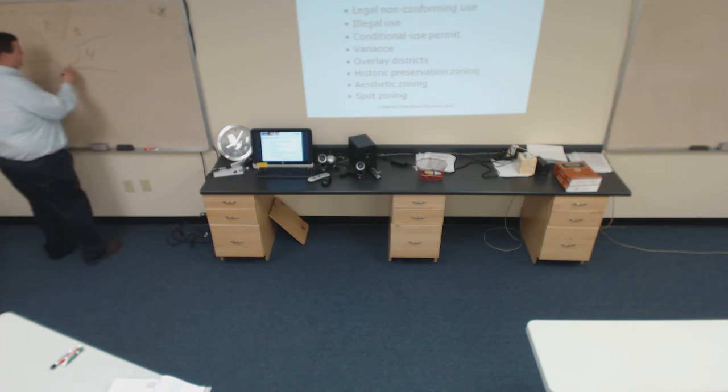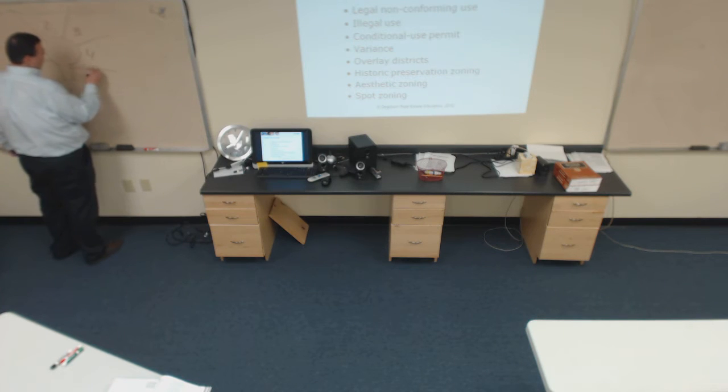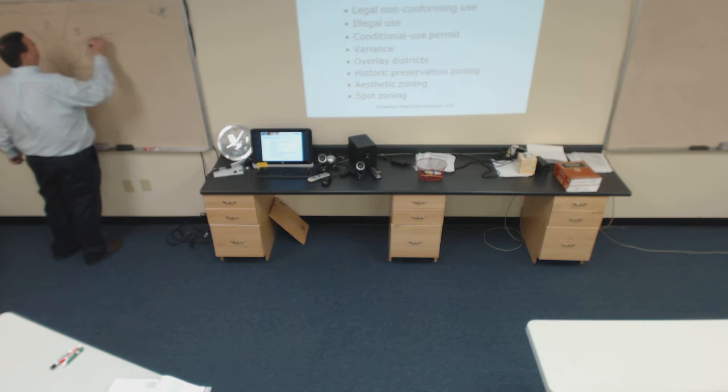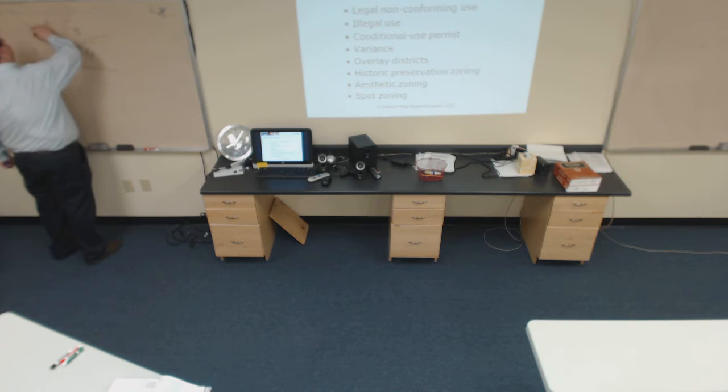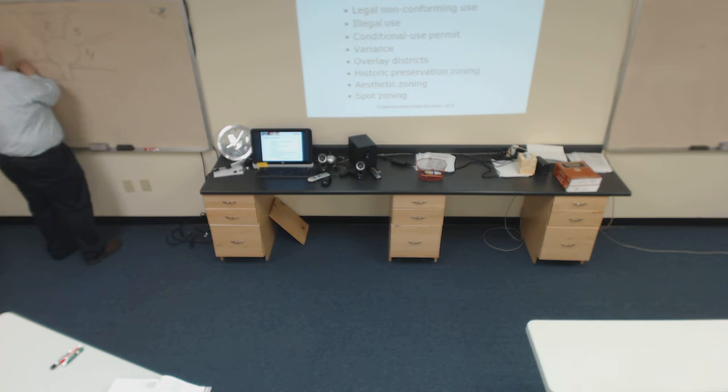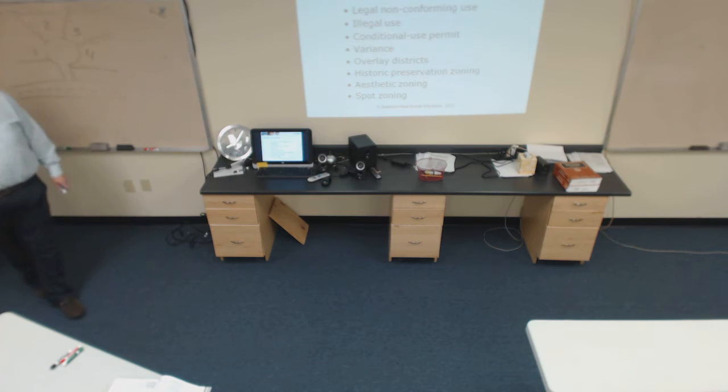So imagine there's a little dotted line on the side border of every one of these properties. You can't build within that border. Very common ordinance. 10 feet, 15 feet. Very common.